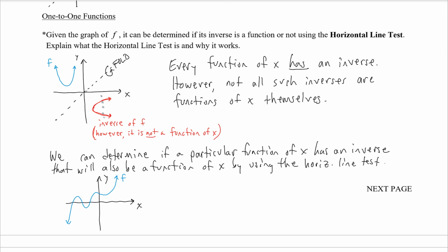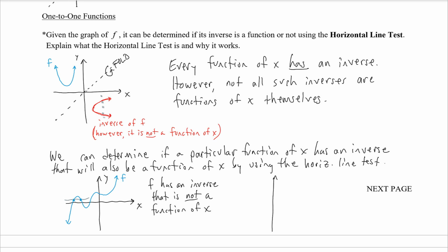So, for example, if I draw right here, I draw that horizontal line, I hit the graph twice. I'd hit it 3 times, so it doesn't matter. I just hit it twice. That's good enough. So f has an inverse that is not a function of x. It definitely has an inverse, but not one that's a function of x.